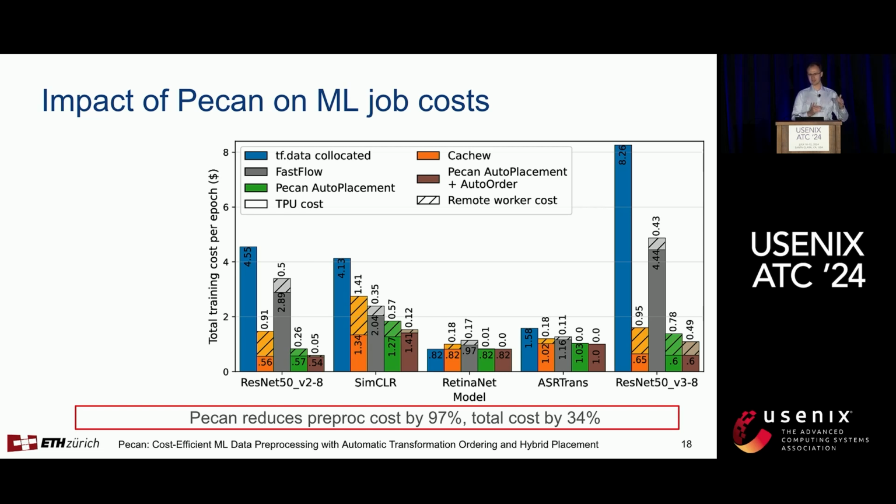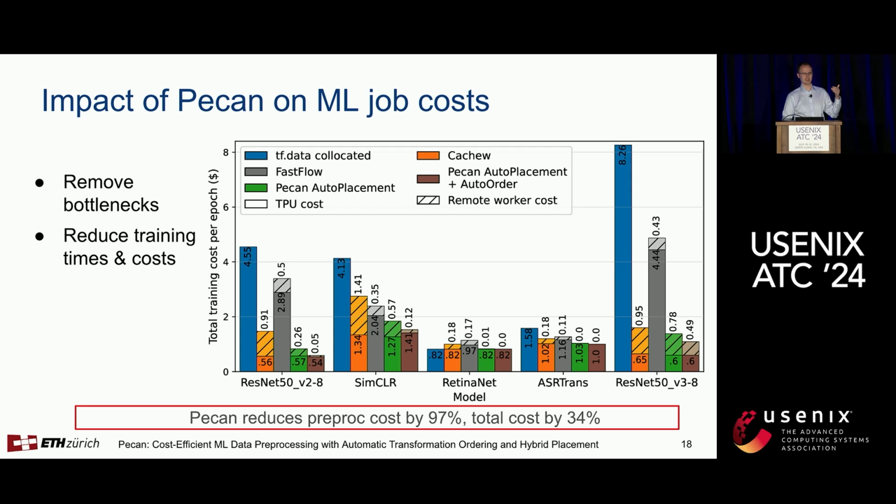So we're just left with the TPU cost, which is essentially the best we can hope for, assuming that the TPU stays the same. So to summarize the key takeaways here, we've managed to remove the input pipeline bottleneck, reduce the training times and costs, and now we set a new state of the art. And compared to a disaggregated system, we can reduce the preprocessing costs by up to 97%, and the total cost by 34%.